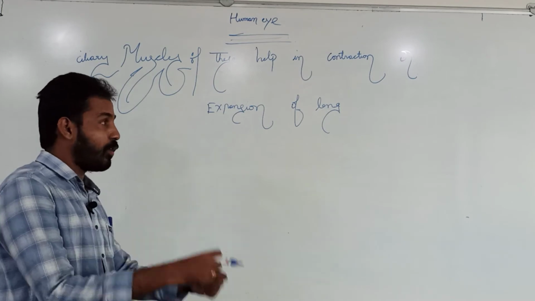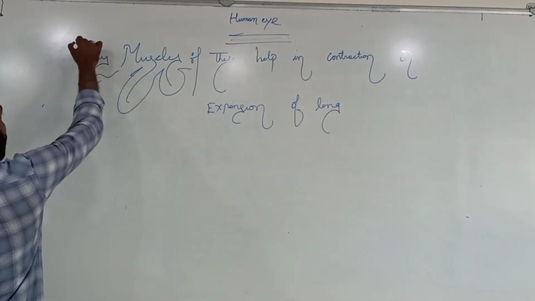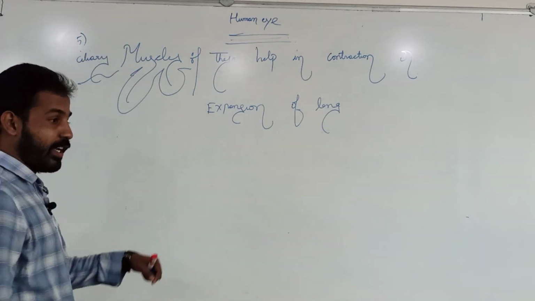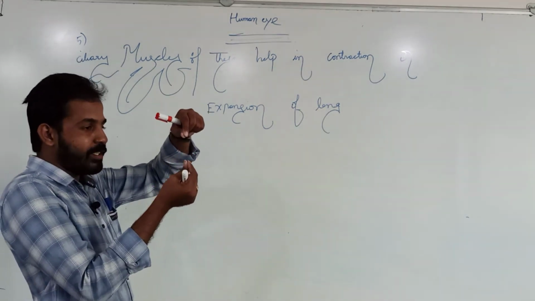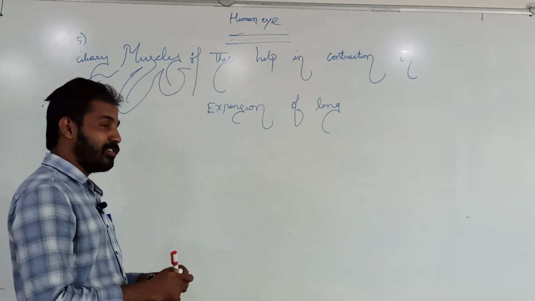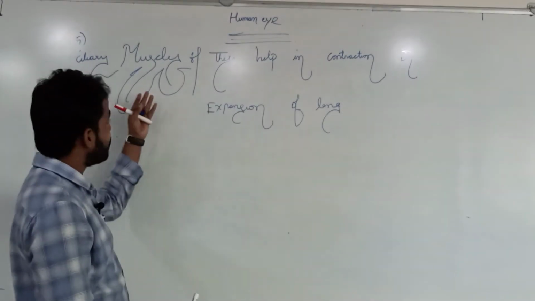Basically, the lens is made up of a type of protein, so that it can get contracted, or it can get enlarged with the help of ciliary muscles.